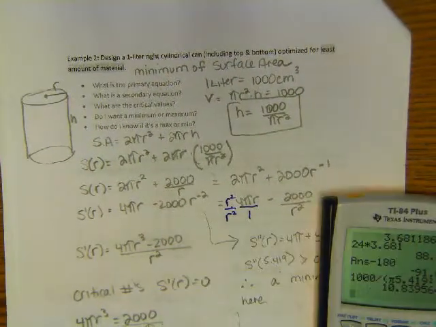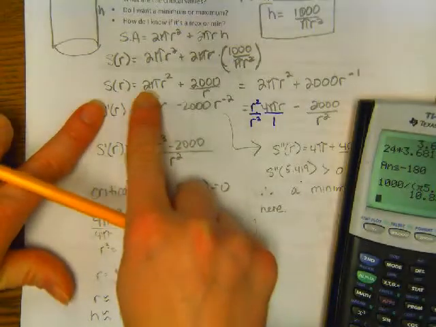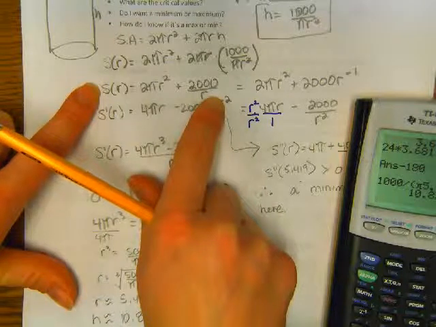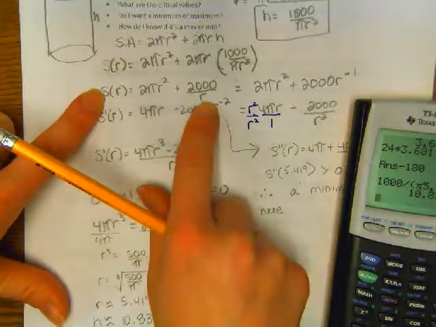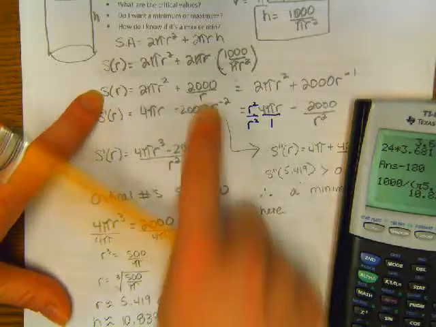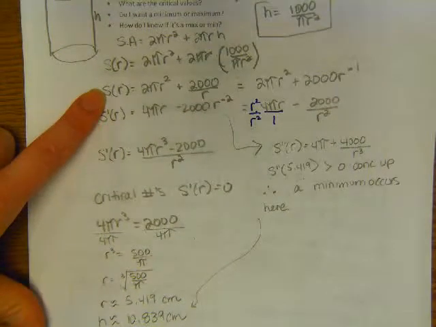And I think it would be easiest to use this surface area formula right here, because didn't we write it in terms of R already? Okay, can you go plug 5.419 in and tell me what that surface area is when you plug it into this expression?